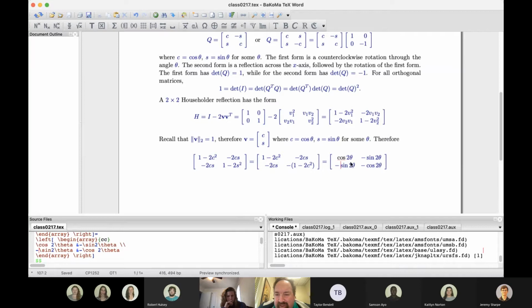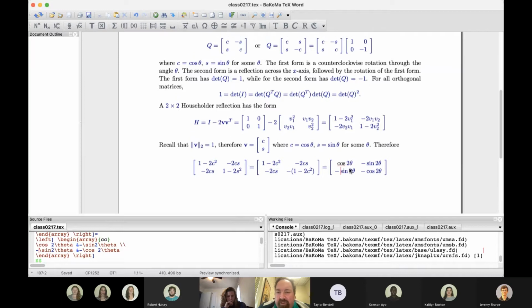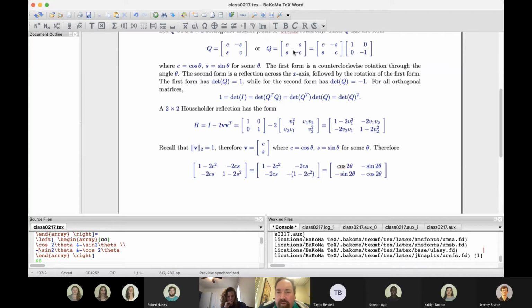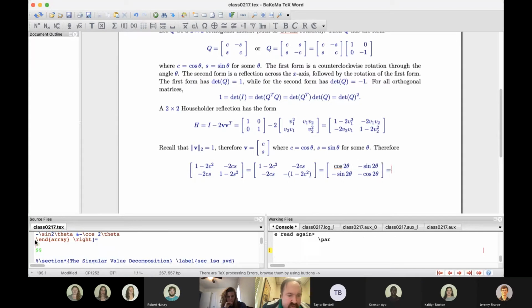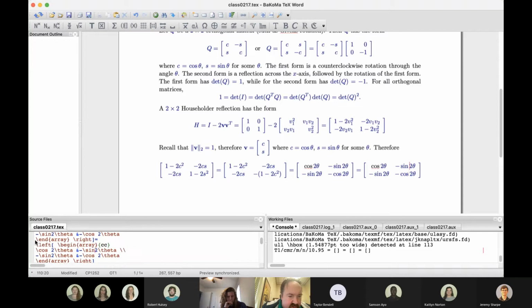Okay. So once again, this matrix is of this form, where you have the diagonal entries negatives of each other and the off-diagonal entries are the same. In fact, I could write this as sine of minus 2 theta because sine is an odd function.